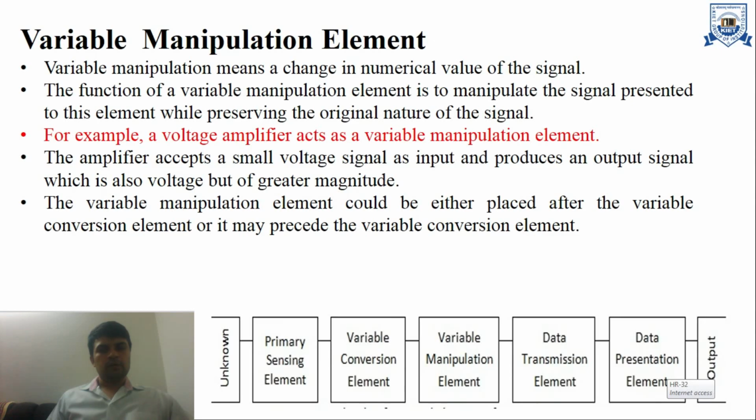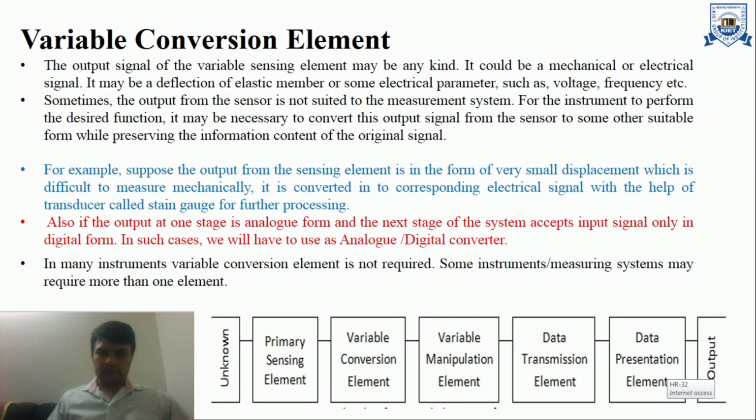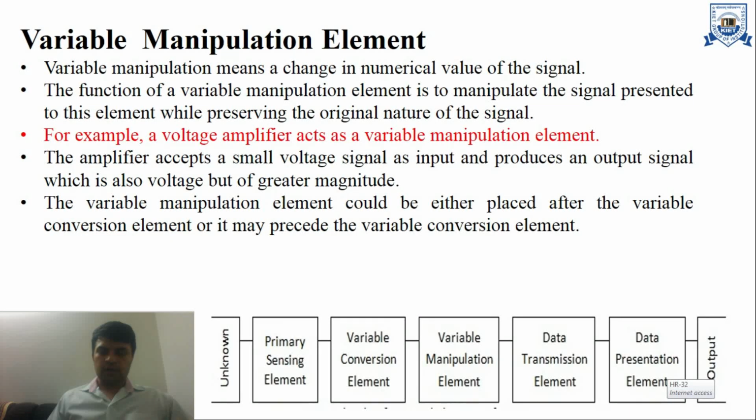Then third, we have the variable manipulation element. Variable manipulation means a change in the numerical value of the signal. The function of the variable manipulation element is to manipulate the signal presented to it while preserving the original nature of the signal.